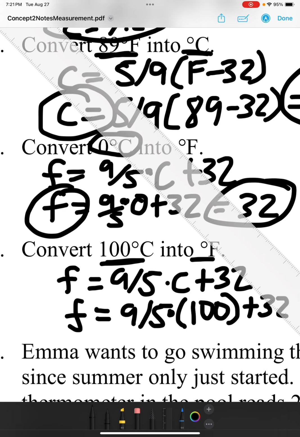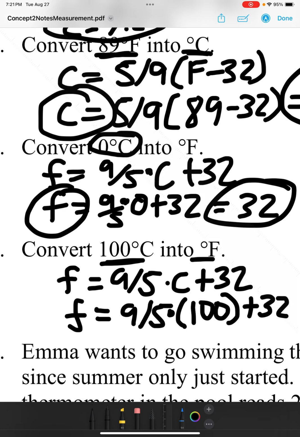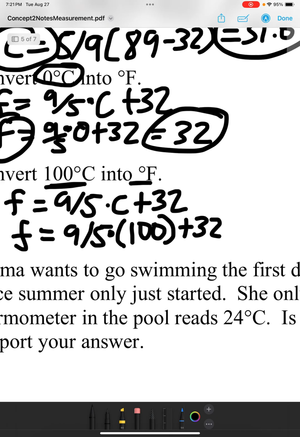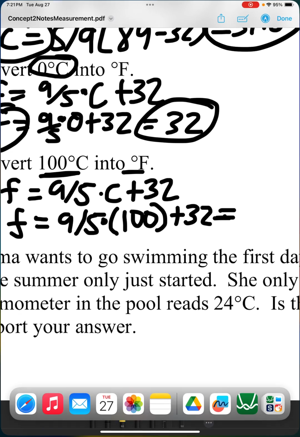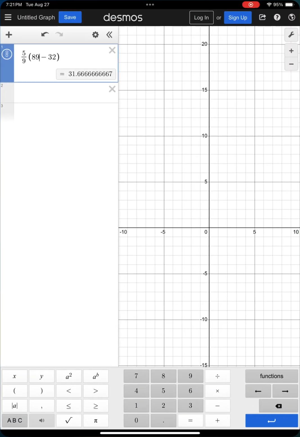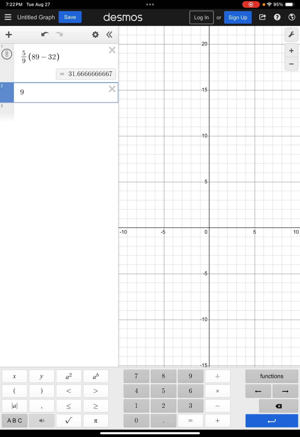Okay, and then, oh man, I didn't mean to put a ruler on there. Okay, so then you need to just type this in your calculator, or you can do it by hand. So we'll do 9 divided by 5 times 100 plus 32. Okay, so 9 divided by 5.